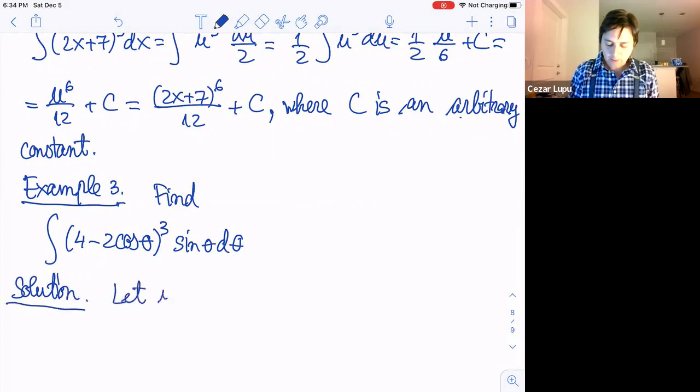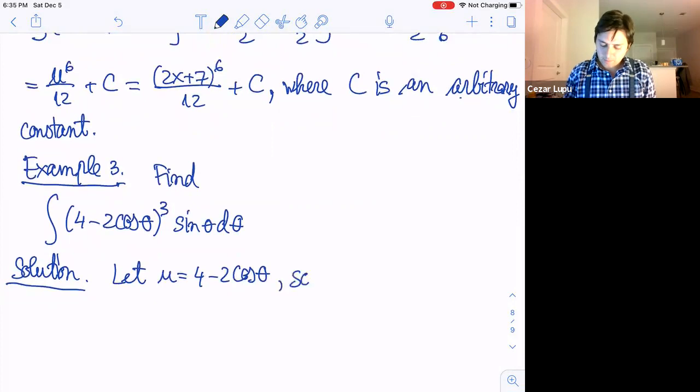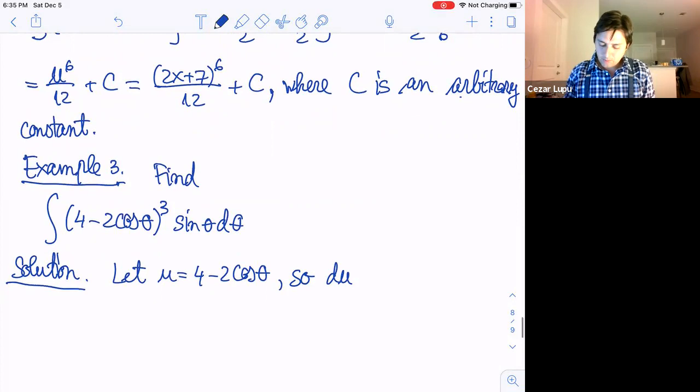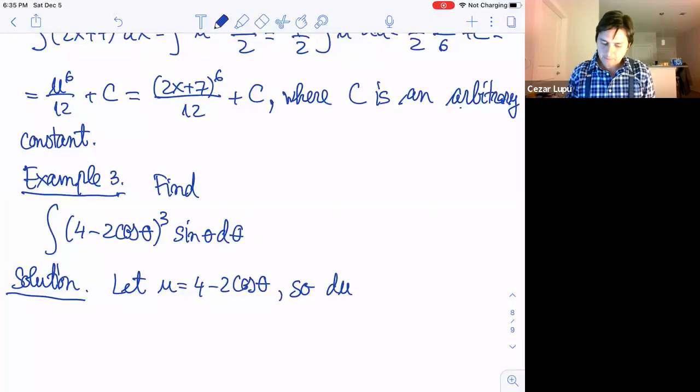Now let u be 4 minus 2 cosine of theta. So du will be nothing else than just 2 sine theta d theta.